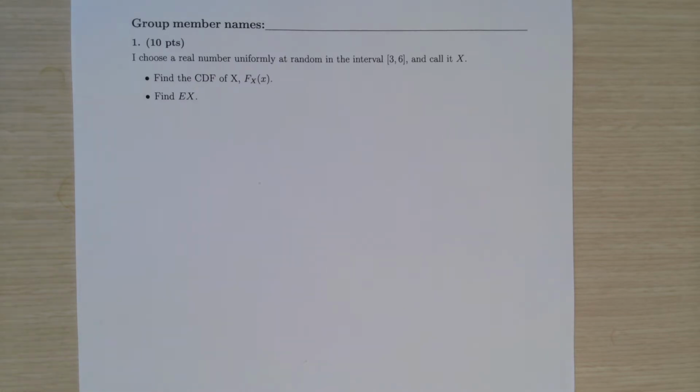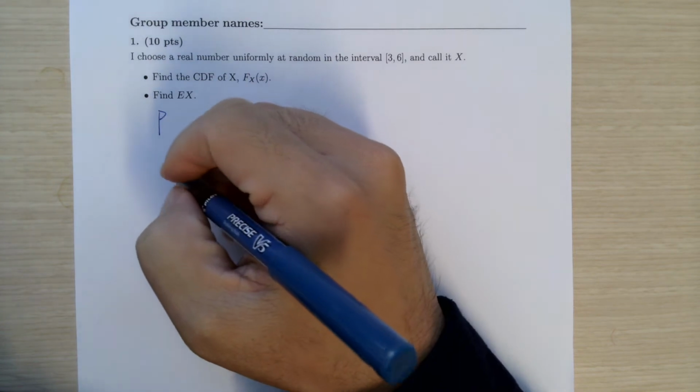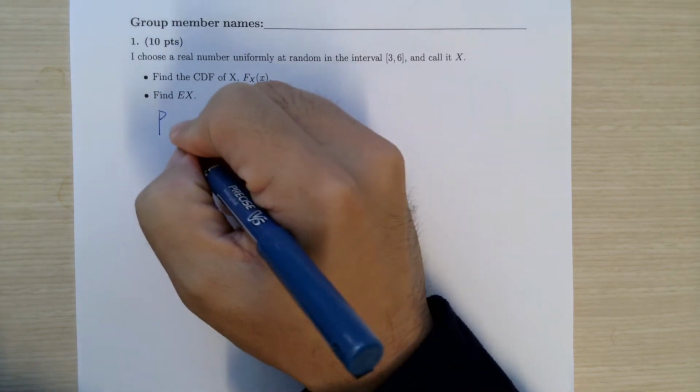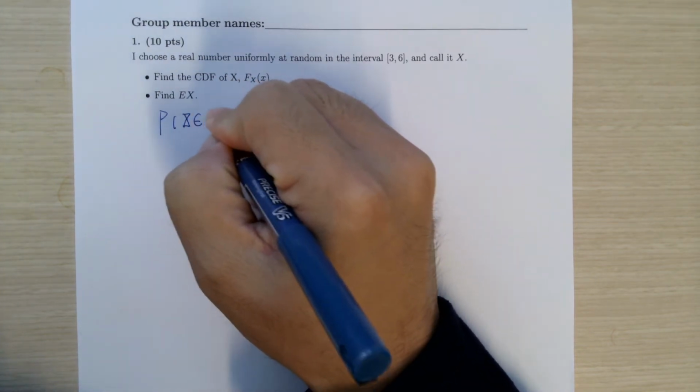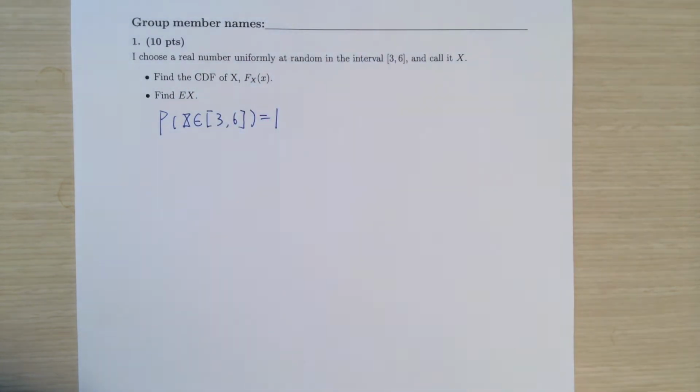So what we can tell is, the probability that X belongs to 3 to 6 is equal to 1.